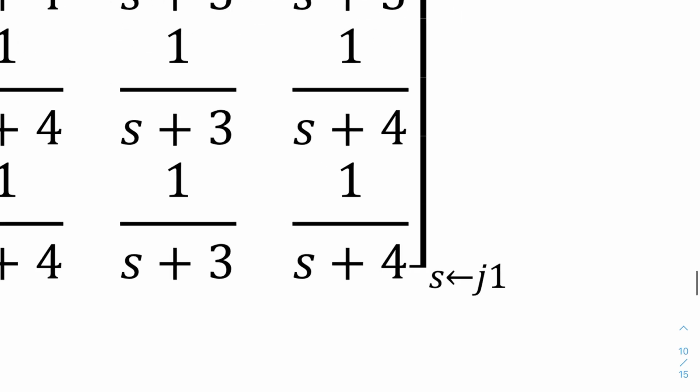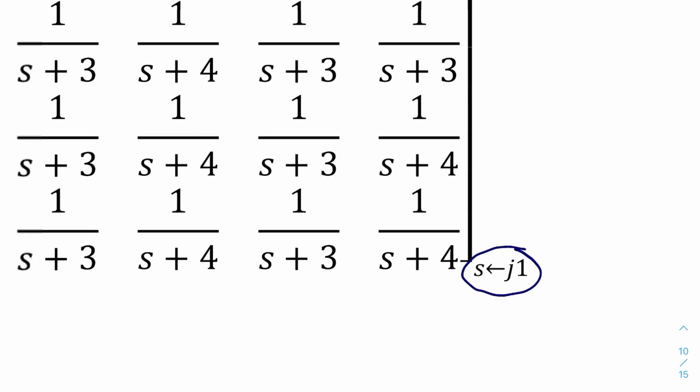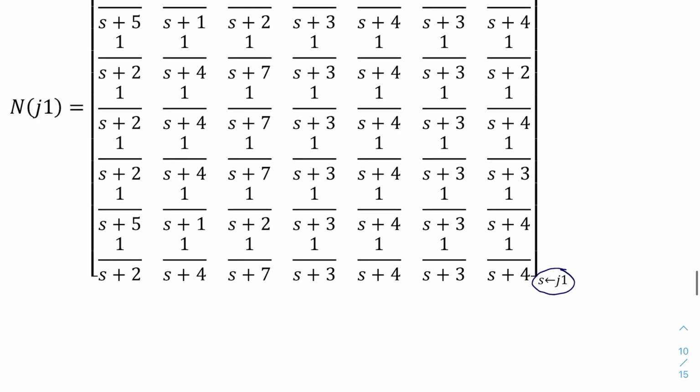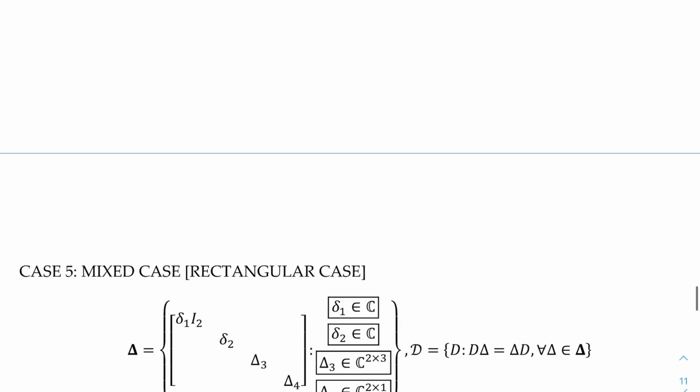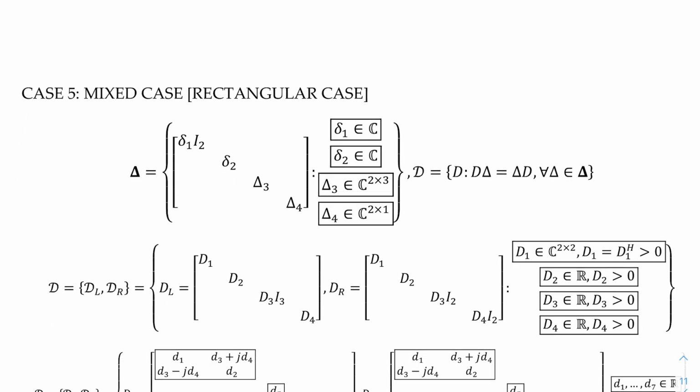And here, if you need to get close to that, just substitute J1 for S, right? Okay, and 7 by 7. By the way, I corrected that typo that we saw in the previous one. Is this correct?